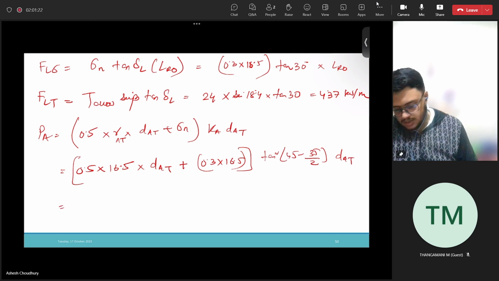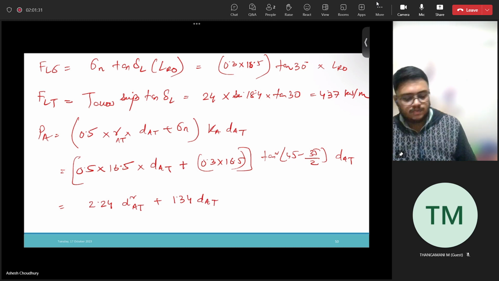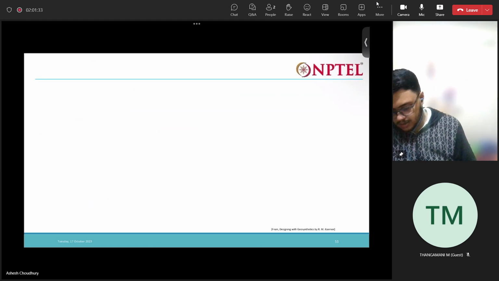If you do this, it will come out as 2.24 T square. Pa, Pp.